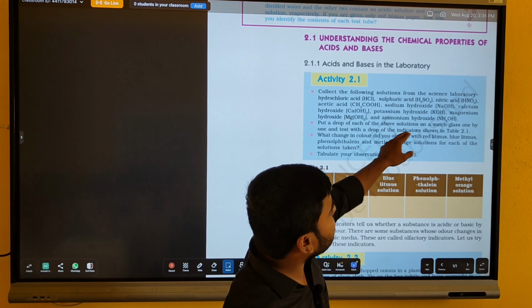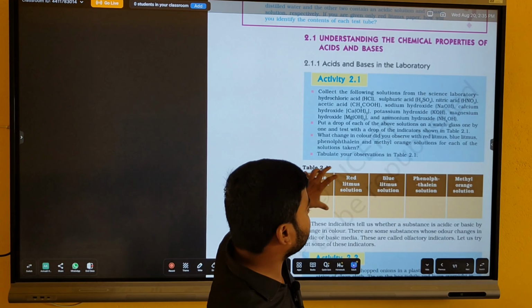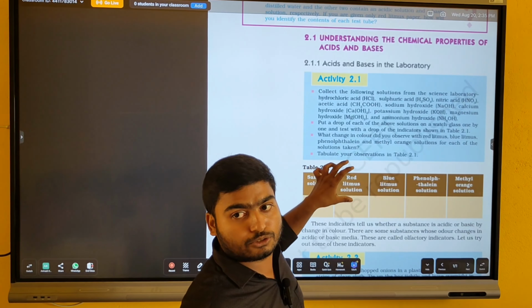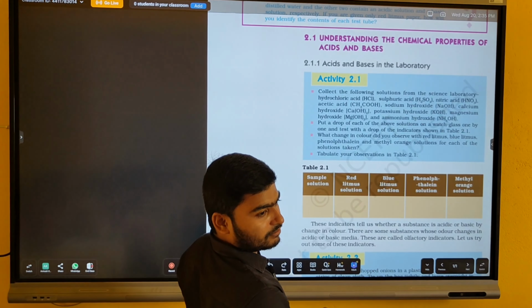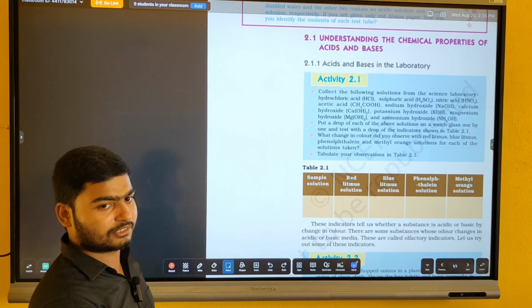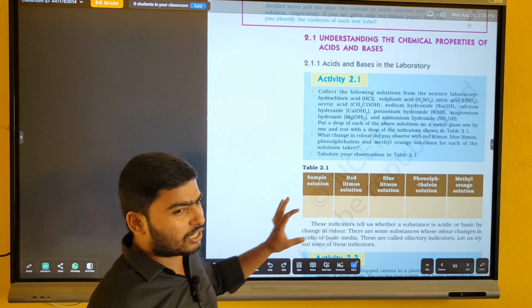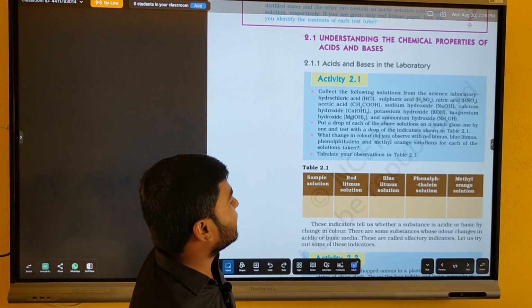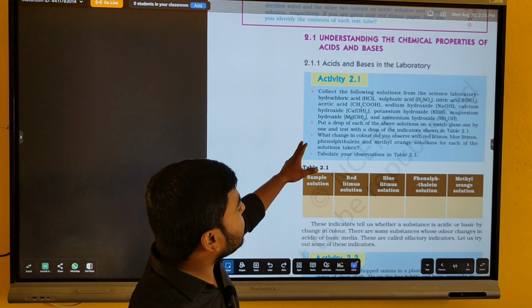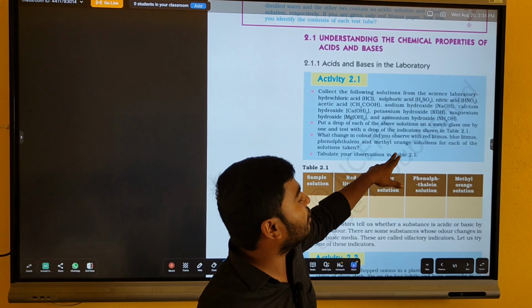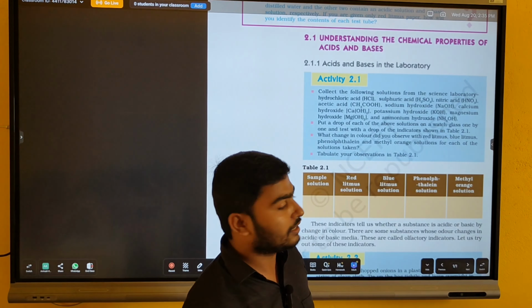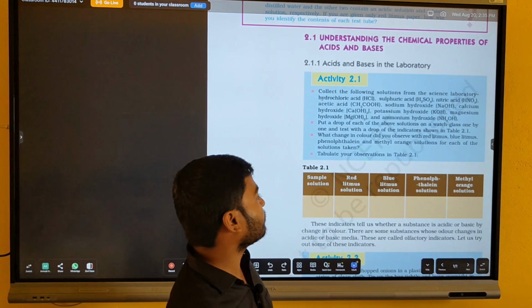The indicators are shown in table 2.1. They are telling you to check all these substances with the help of these indicators, to see how they behave with them. We have already done this, but again with the activity we'll do it. What change in color did you observe when red litmus, blue litmus, phenolphthalein and methyl orange solution were added to each of the solutions taken?